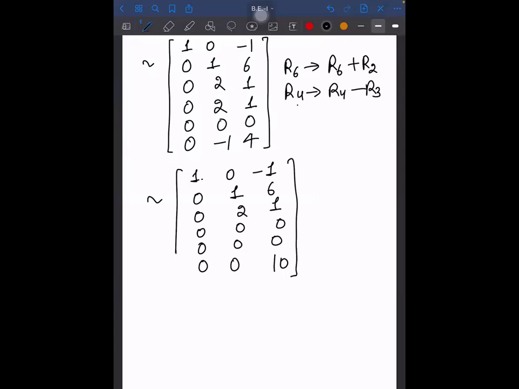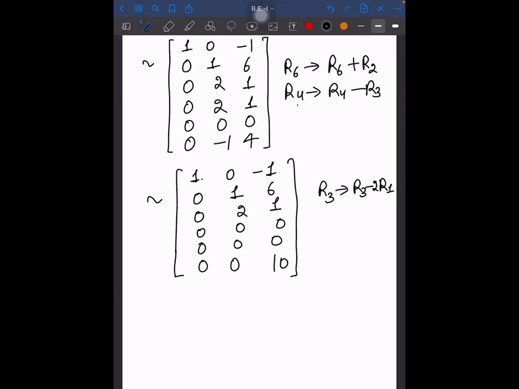Yes, sir. Okay. Now, what are you going to do? You simply operate on R3 minus 2 times the R2. Yes.